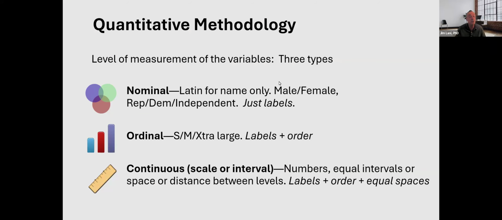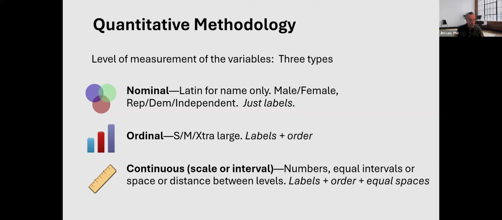For those that are aware of levels of measurement, I'm sorry to have to bore you for a minute, but as a quick refresher, the tool distinguishes among 3 levels of measurement. The first is nominal, name only in Latin.